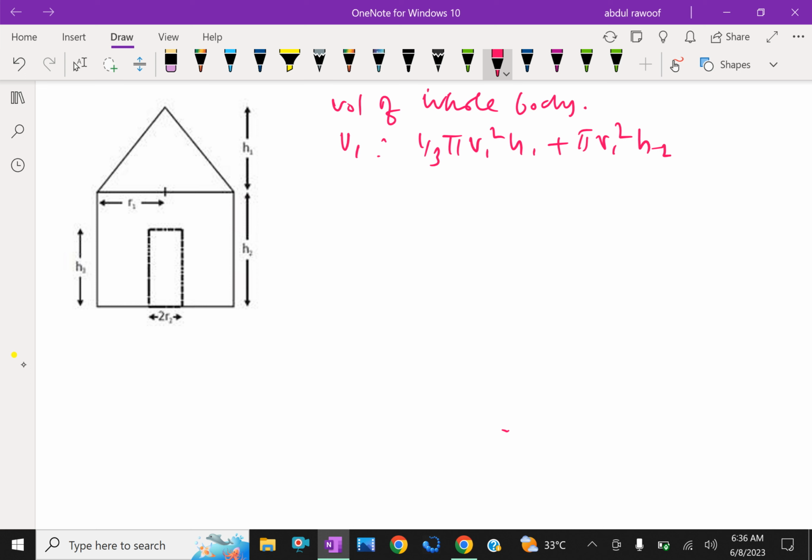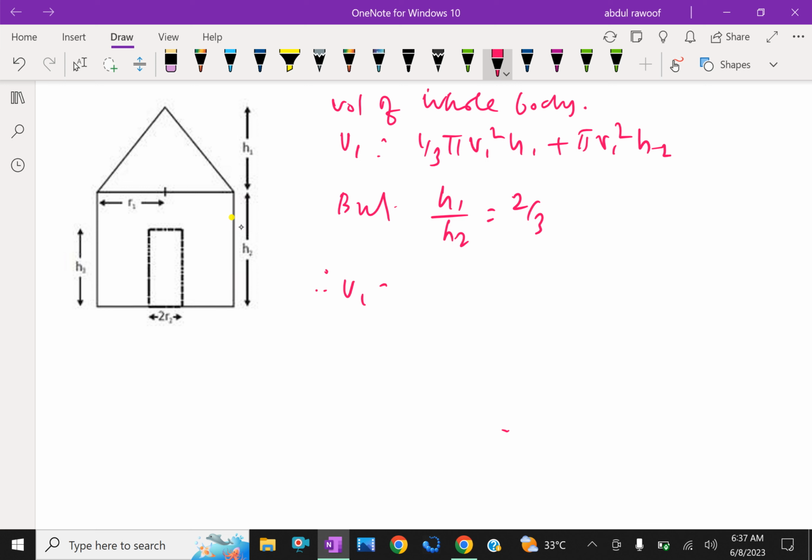So that, look at the ratio H1 by H2. Given, the ratio of heights is 2/3.